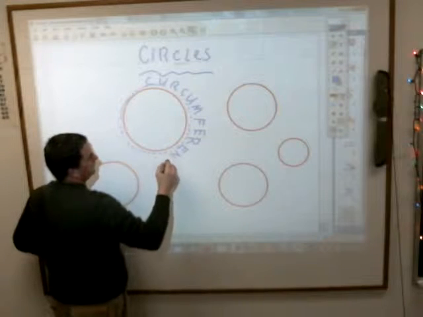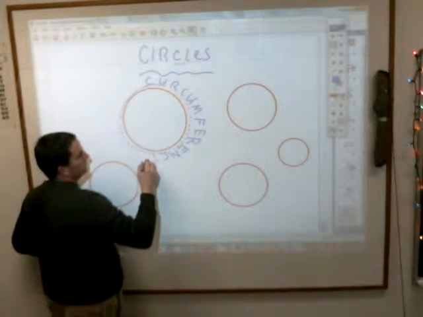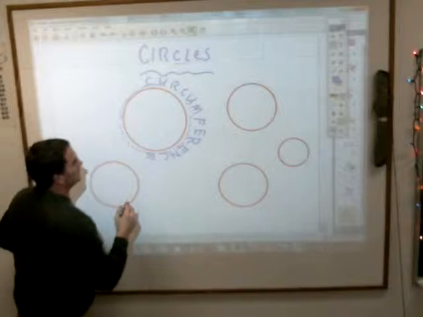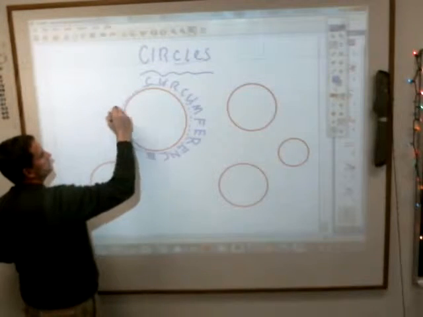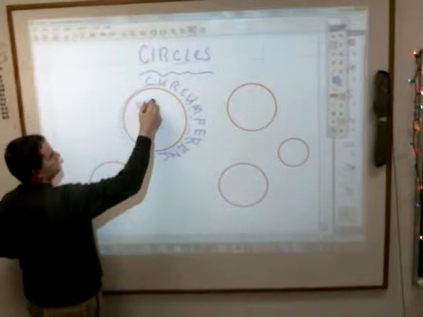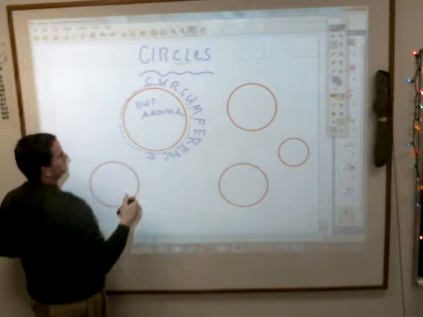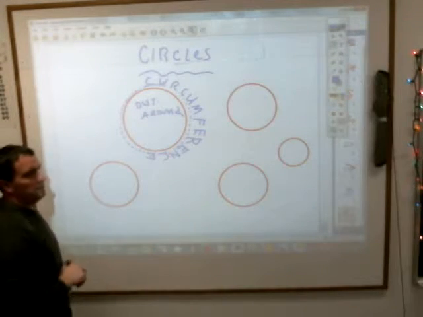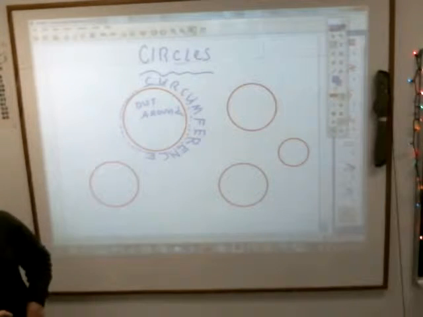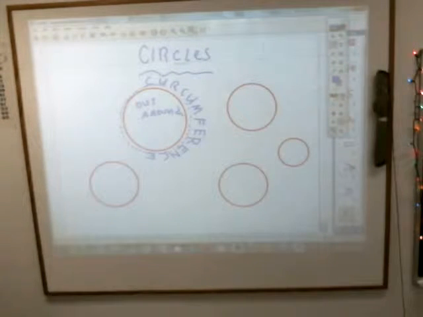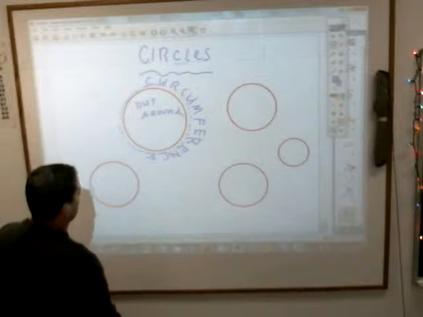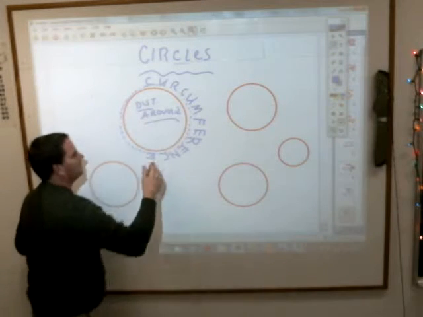That's a long word. The distance around a circle. If you circumnavigate the globe, that means you've gone all the way around the entire face of the earth. That is its distance around.